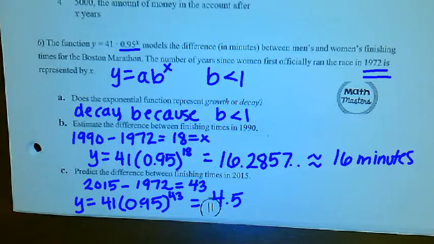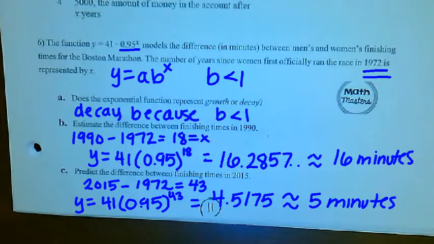Okay, so that equals 4.5175. So about 5 minutes. Okay, and that is how we model exponential functions.